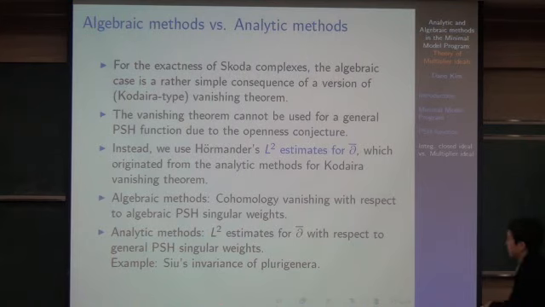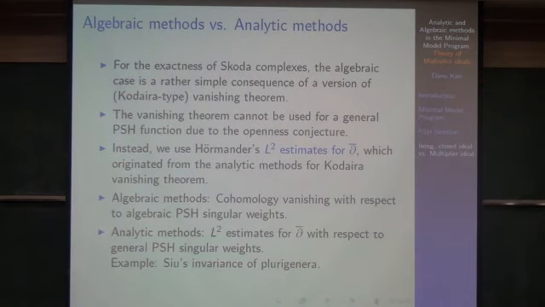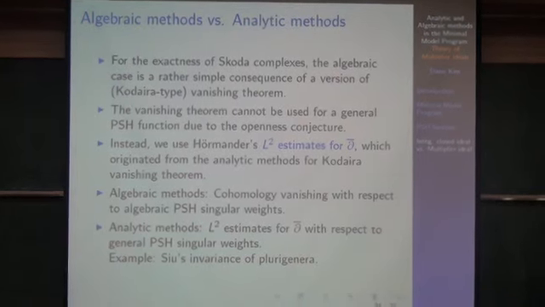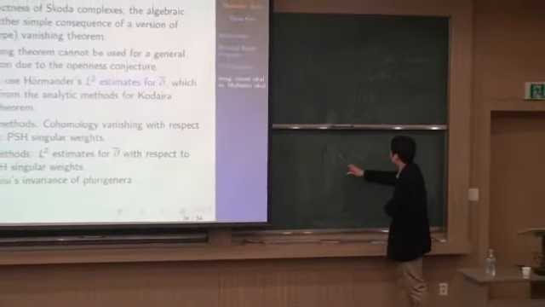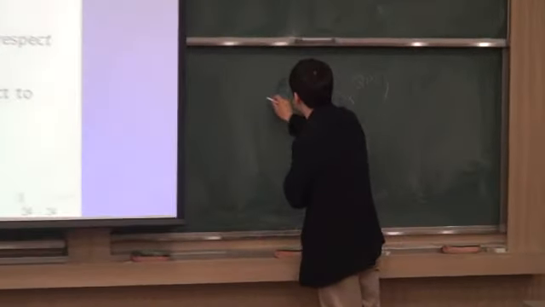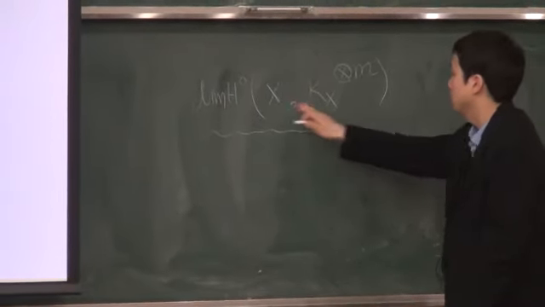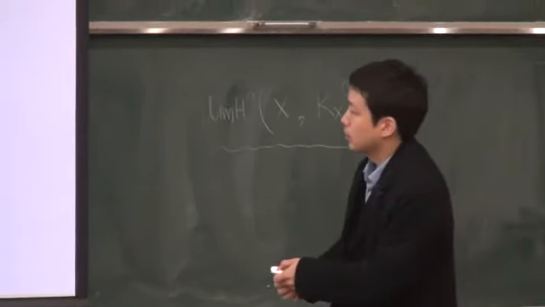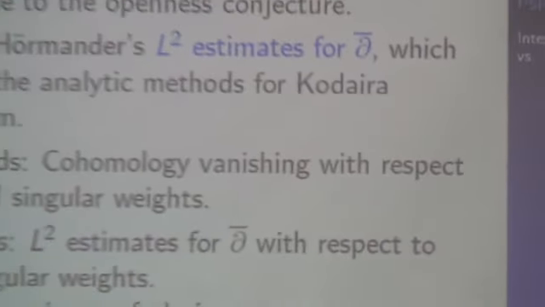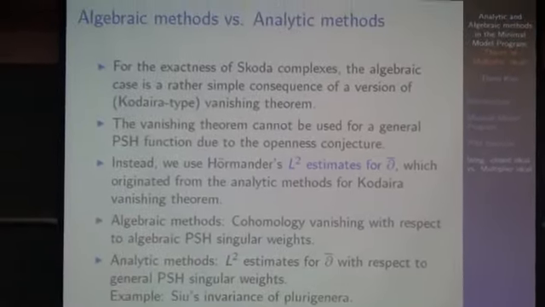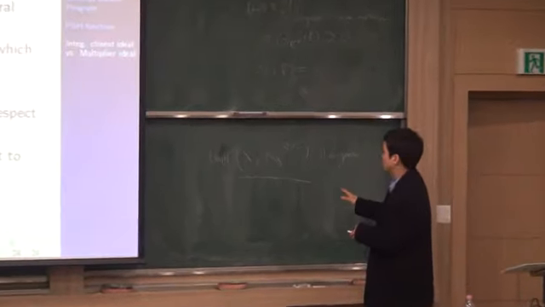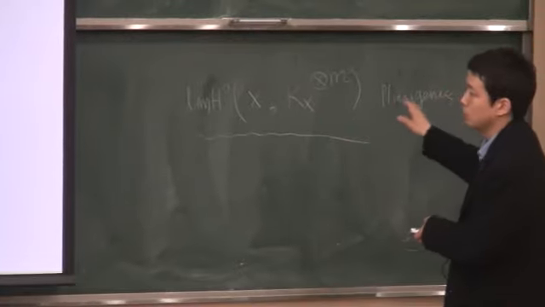I didn't write it down here, but it basically says: we defined the canonical line bundle and also its m-th tensor power, and if you consider all the holomorphic sections in this line bundle and the vector space dimension, this is considered to be a fundamental invariant of the variety X. Invariance of plurigenera means this invariant, called the plurigenus, is invariant under deformation of X, as long as X deforms smoothly.